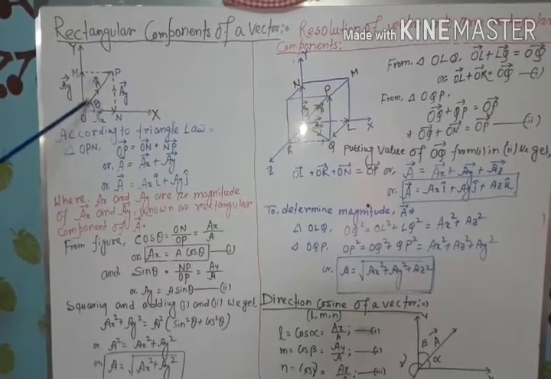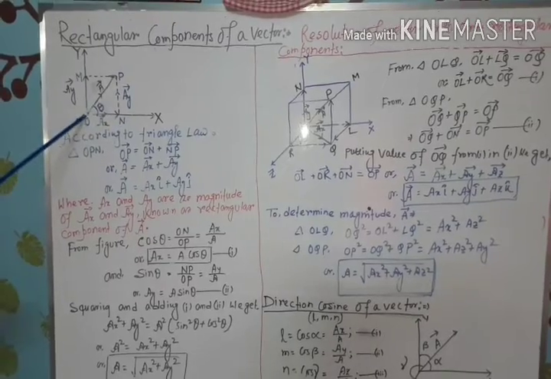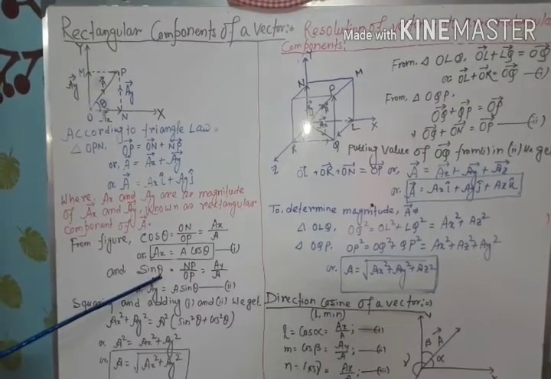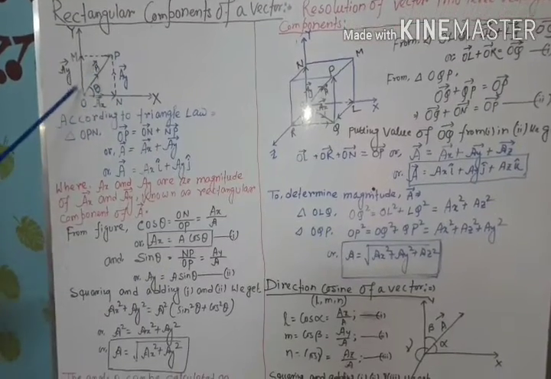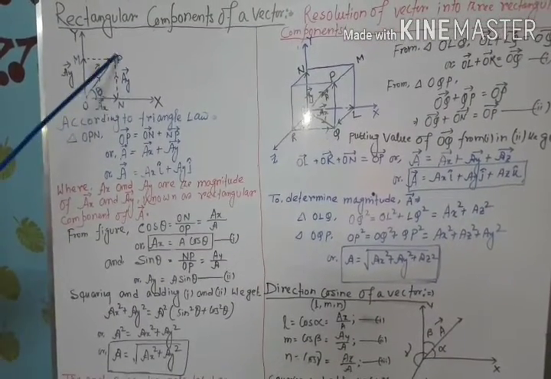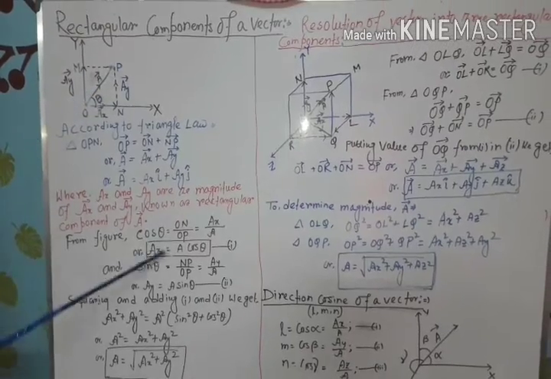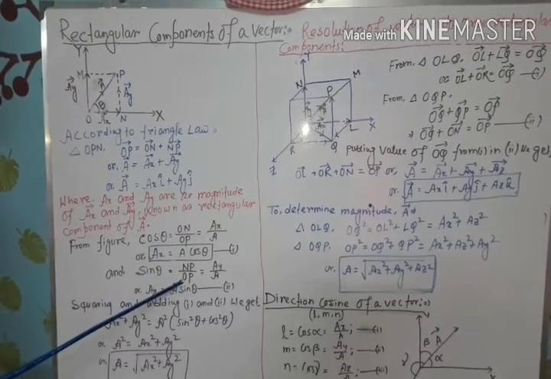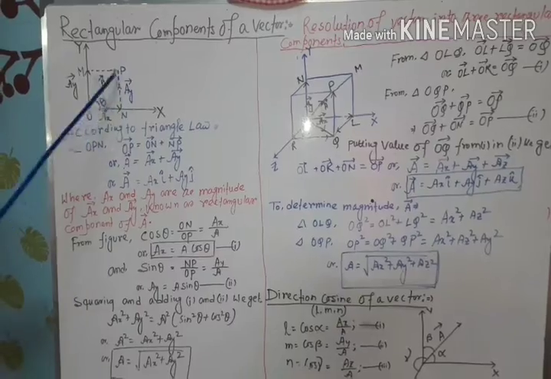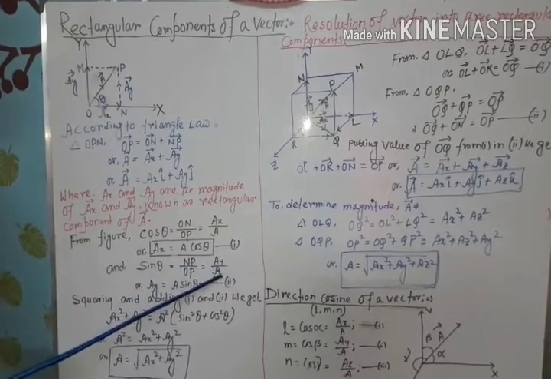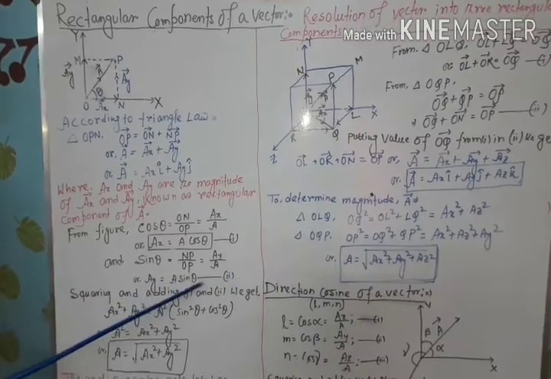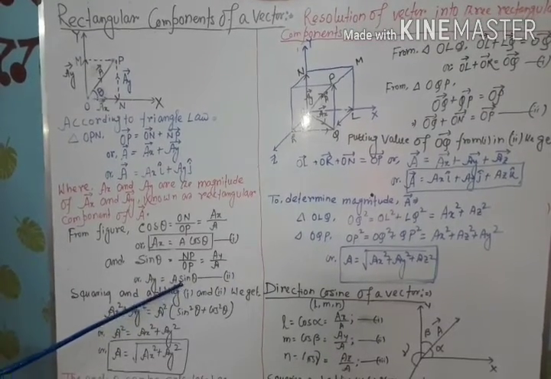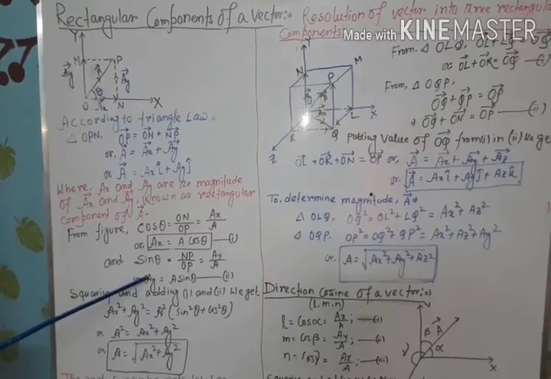Again, using the same triangle, sin theta is equal to perpendicular by hypotenuse, that's why NP by OP. So sin theta equals NP by OP, and NP is AY and OP is A. So therefore AY equals A sin theta. So this is the magnitude of the other component of A vector, AY.